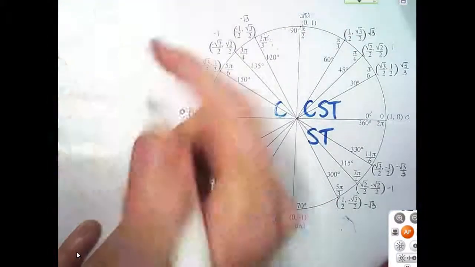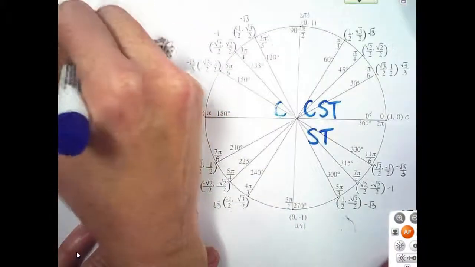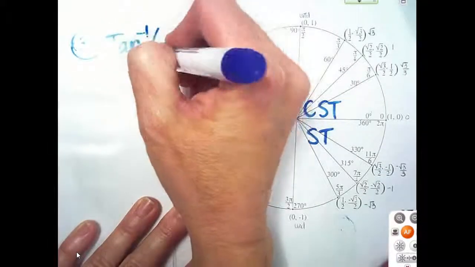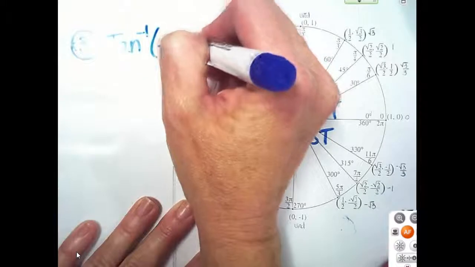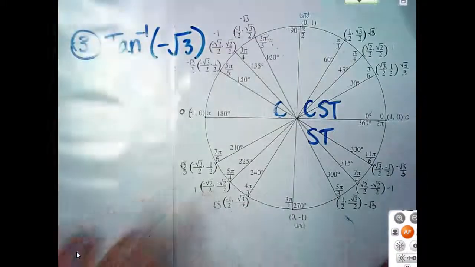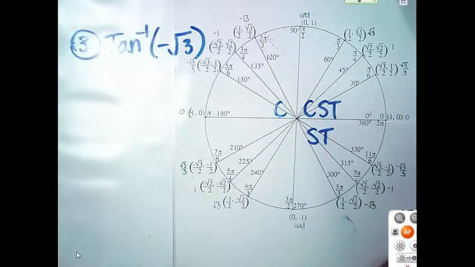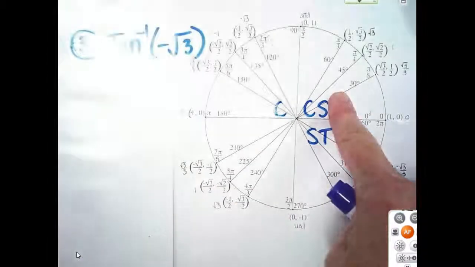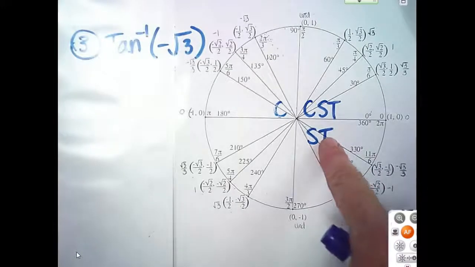Number 3. The inverse tangent of negative root 3. Look at your tangent values. Tangent is allowed here and here.